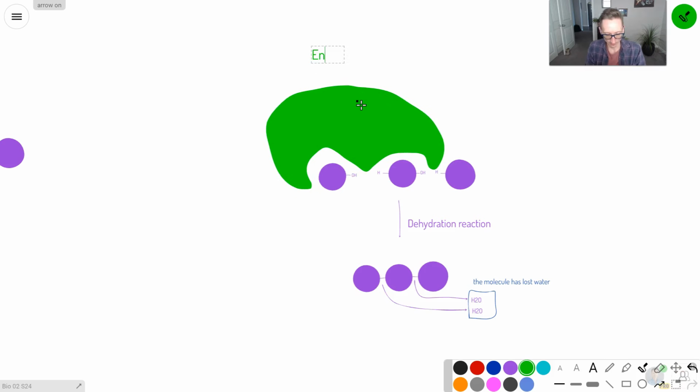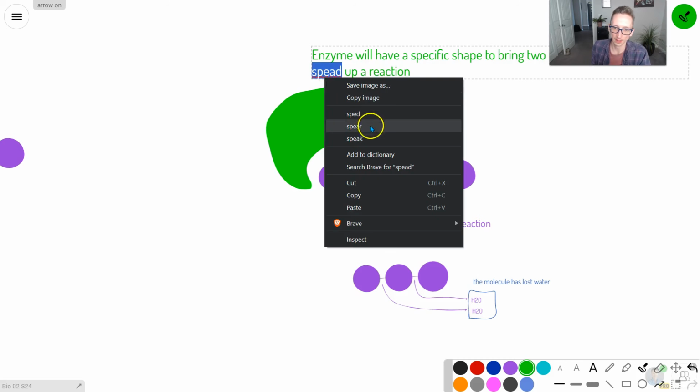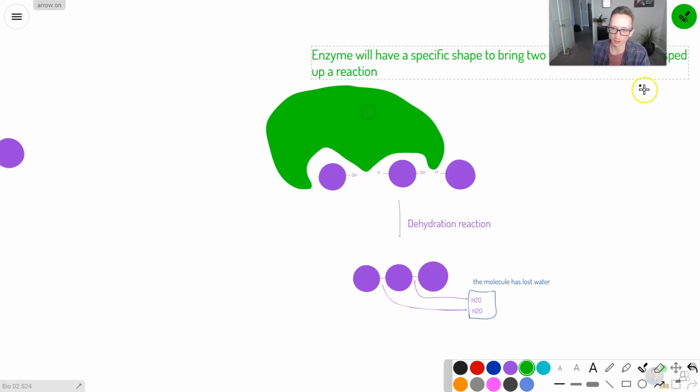So an enzyme will have a specific shape to bring two molecules together to speed up a reaction.